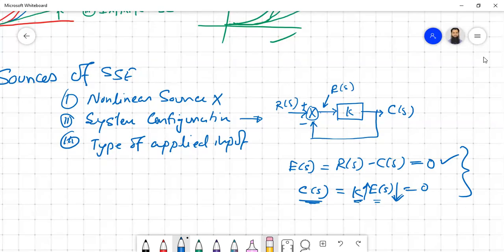Now, what will happen if we introduce a different type of transfer function, say K by s? 1 by s is, as we know, the integrator. So an integrator can have an output even if there is no input.